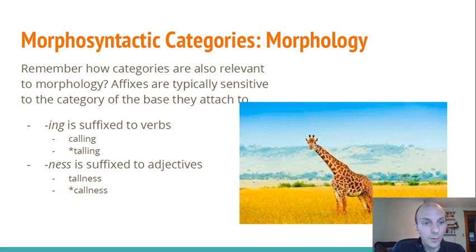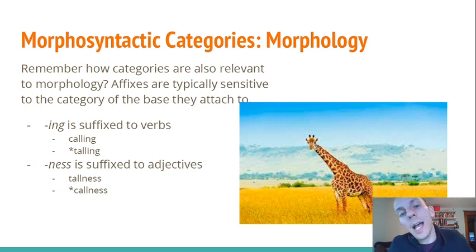Sweet. We've done two of them. We looked at the semantics, and that gets us partway there. We looked at the distributions, that gets us a little bit more. And now we're going to look at the morphology, defining a part of speech or assigning a part of speech to a word based on how it interacts with other elements of morphology. And to see how this takes place, we're going to remember our affixes.